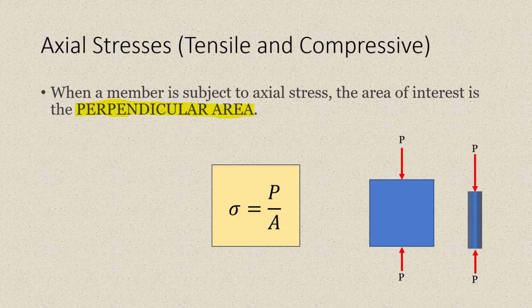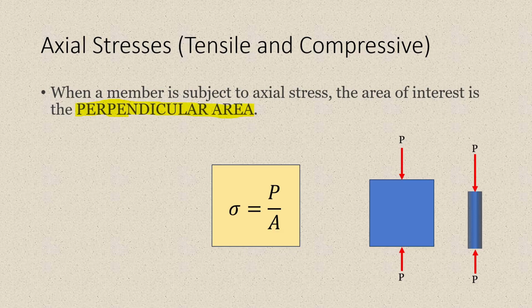Now, the force per unit area, or intensity of the forces distributed over a given section, is called the stress on that section, and it is denoted by the Greek letter sigma. And so the stress in a member of cross-sectional area A, subjected to an axial load P, is therefore obtained by dividing the magnitude of the force P by the cross-sectional area.